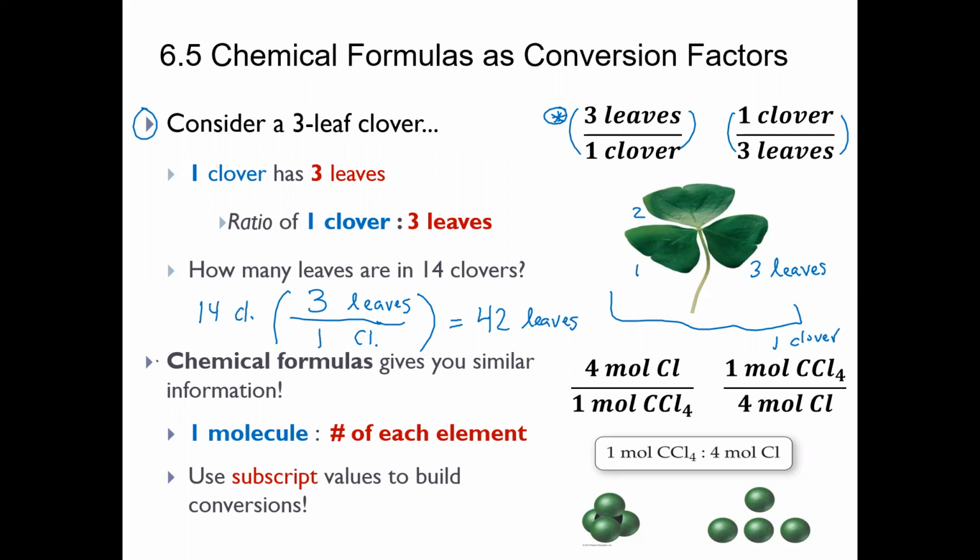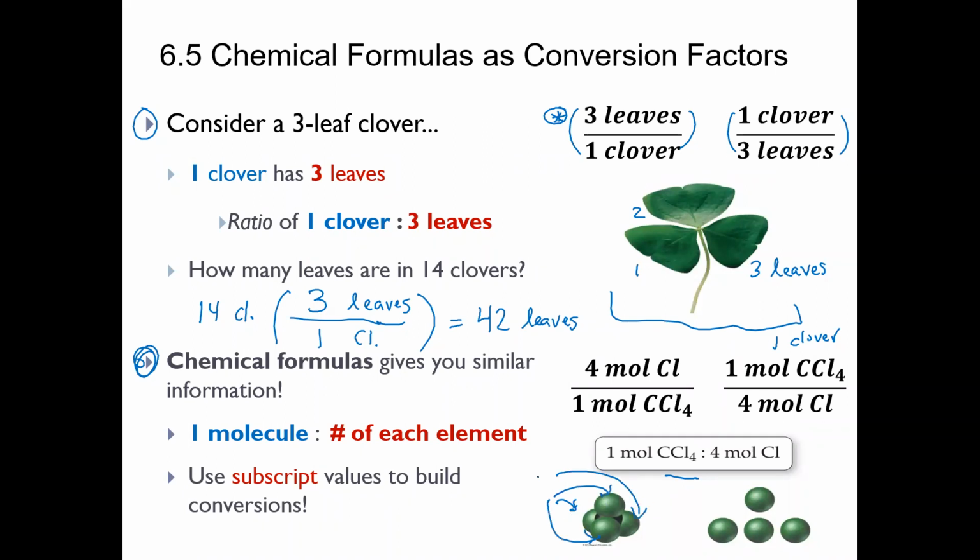Same idea with our chemical formulas. The subscripts in our chemical formulas give us the exact same style of information. It gives us information about the structure. So here, if we have, I don't know, CCl4, we can count up these atoms. 1, 2, 3, and 4.